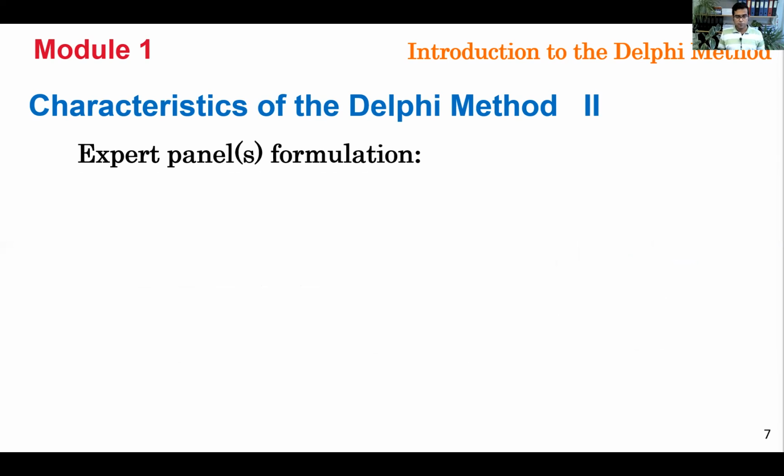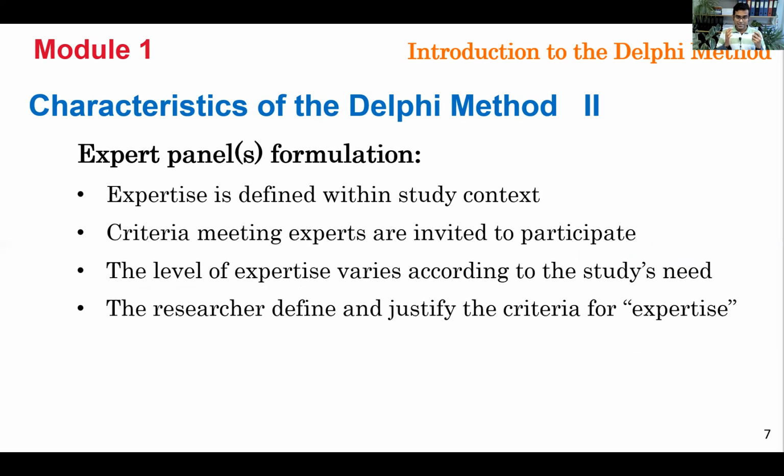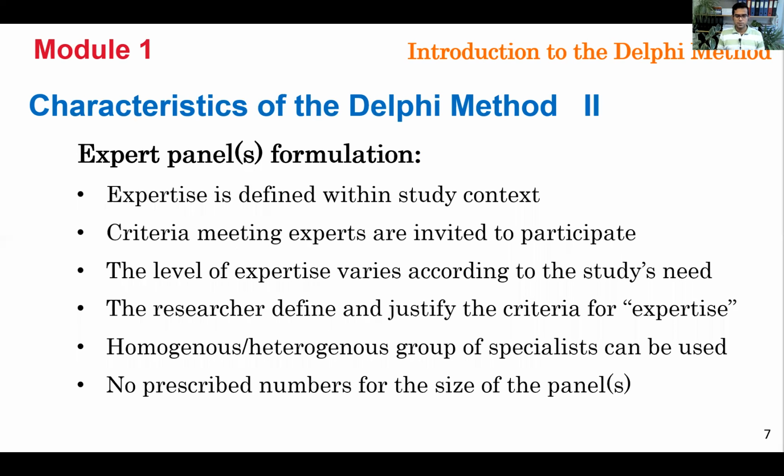Expert panel formulation. Here, the Delphi technique requires the use of experts. The criteria for the expertise should be defined within a study context, and a panel of experts who meet the criteria is invited to participate.